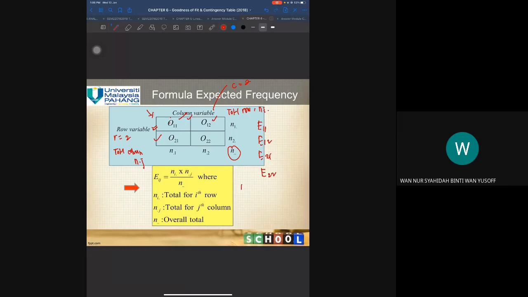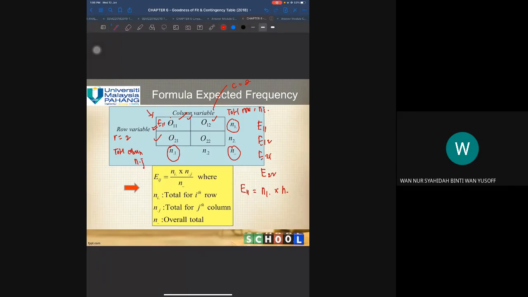So it must be related to your observed frequency. E11 depends on the location of your E, which is in this cell. So it is n1 dot multiplied by n dot 1, divided by n double dot. It is about the location of your data.